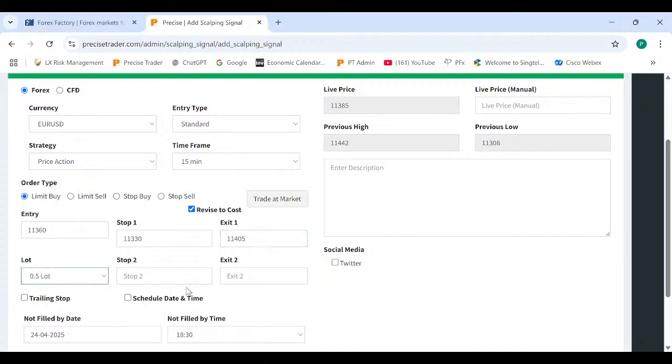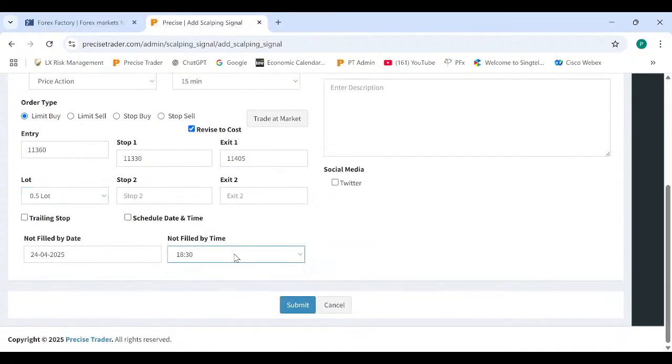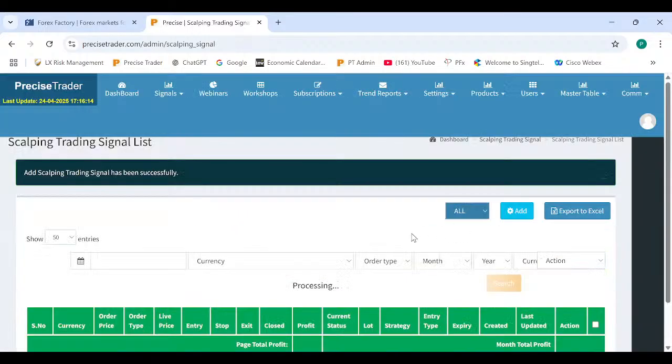Okay, this is half lot because this is just a pullback. I wouldn't say it's a counter trend, but it's just a pullback. So we will try to give until 1 hour 15 minutes for this trade.